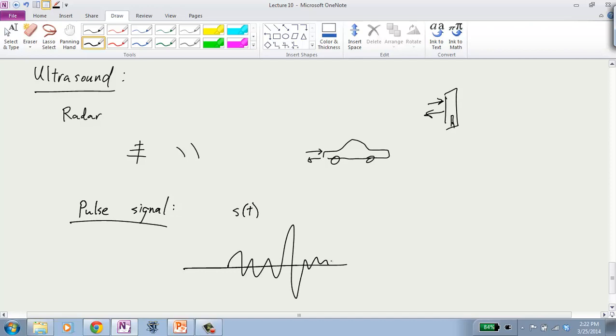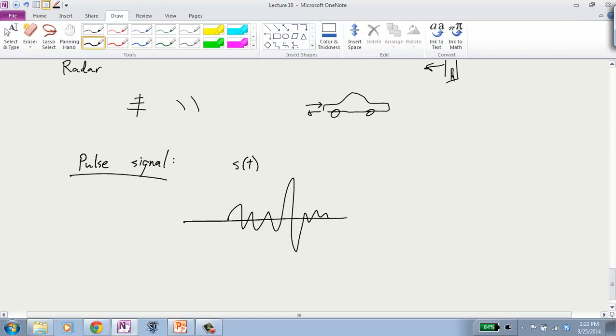Then it turns out that at your receiver, say you get some received signal, and you want to then identify these pulses in the received signal.